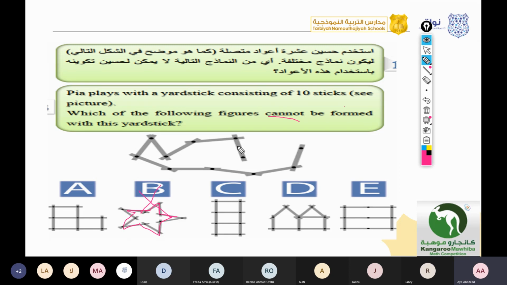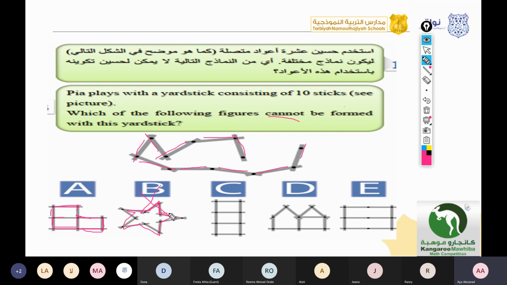But if I start from this side, I can make it like this, look. I can make it here till this. 1, 2, 3, 4, 5, 6, 7, 8, 9, 10. Now 1, 2, 3, 4, 5, 6, 7, 8, 9, 10. So it's 10 actually.